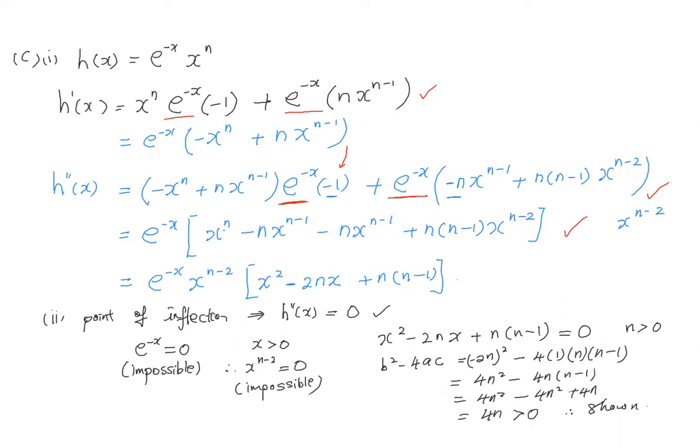Right? So you have two real roots there. So therefore, we say x squared minus 2nx plus n minus 1 equals 0 always has two real roots.